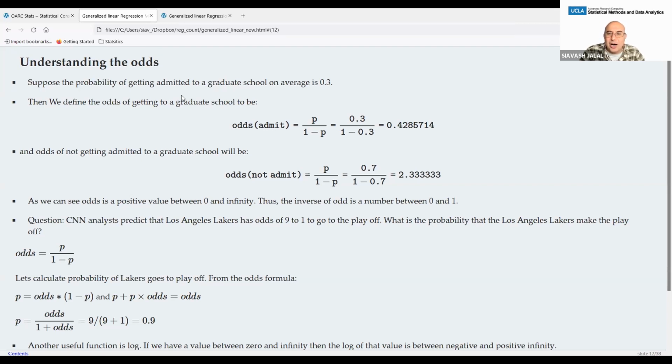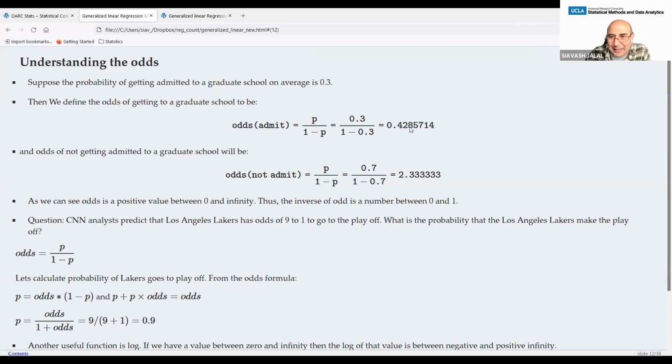What are the odds of getting into graduate school? It is just the probability of success. We assume success is getting admitted. I don't know if that is success or failure, but hopefully success, divided by 1 minus the probability of success, which is the probability of failure. Sometimes they use Q, right? And it makes sense.